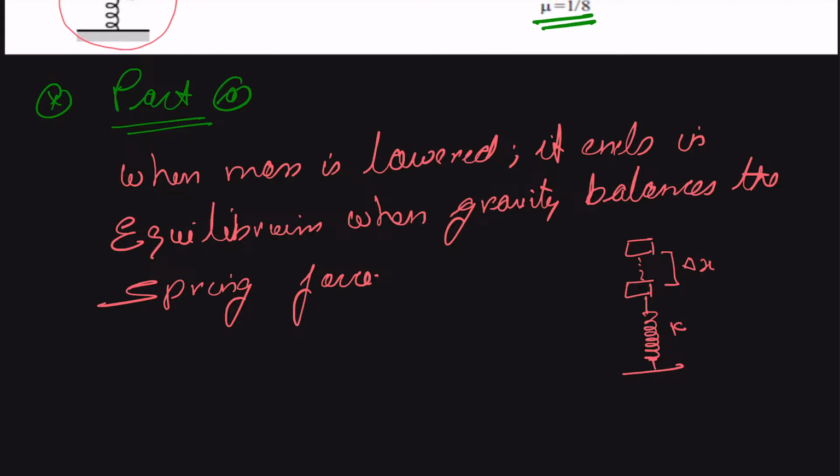Spring constant is K, so the spring applies an upward spring force, and in the downward direction we have mg. Spring force is equal to K times the compression, delta x.